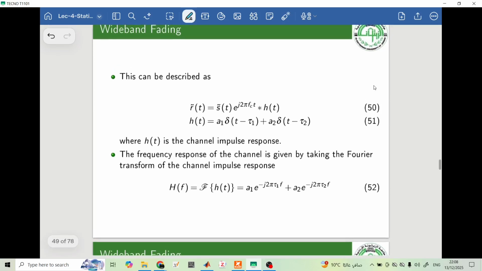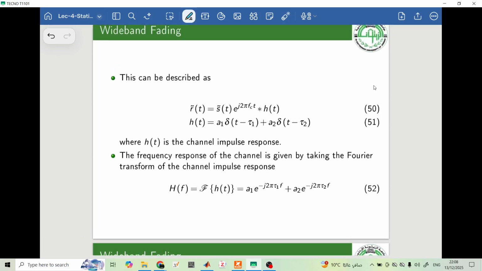Okay, so we can describe it as a convolution with a channel impulse response having two components. So this means that I have two paths. The first component will result in an attenuation of A sub 1 and delay tau sub 1.